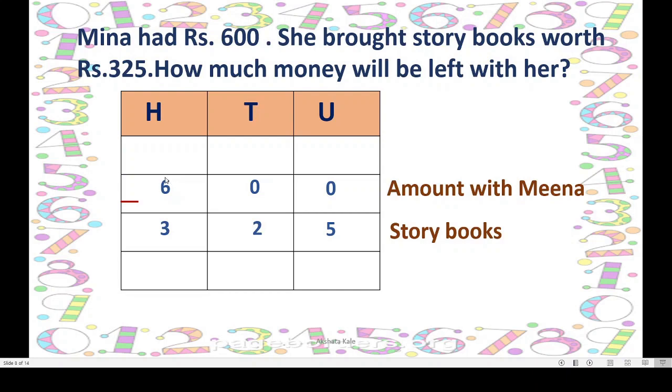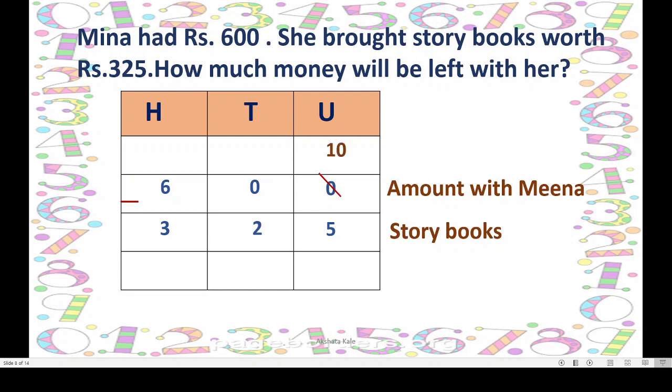600. Correct? Now here it unties itself into 5 and 100. Okay, 100 is equal to 10 tens. Right? It gives 10 tens to the tens place. And from the tens place, it gets 10 units in the units place. So here it will become 10 units.